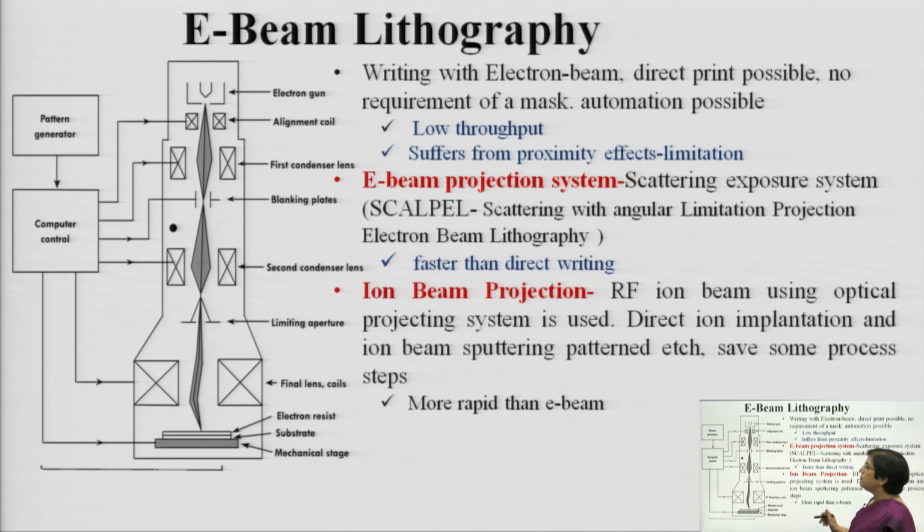This is known as e-beam lithography. You already know that in optical lithography, the limitation is the properties of the light source, that is the wavelength, and the diffraction obtained. The property also depends upon the type of photoresist you are using.